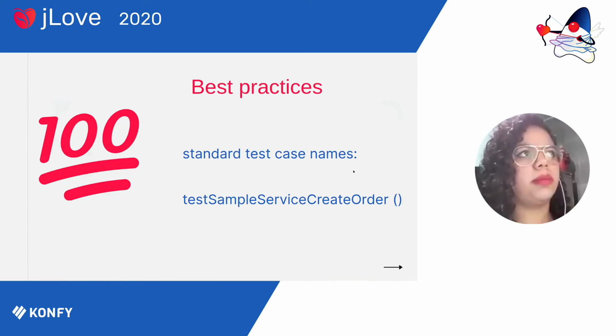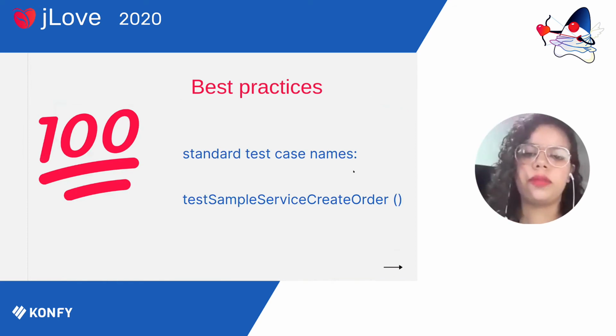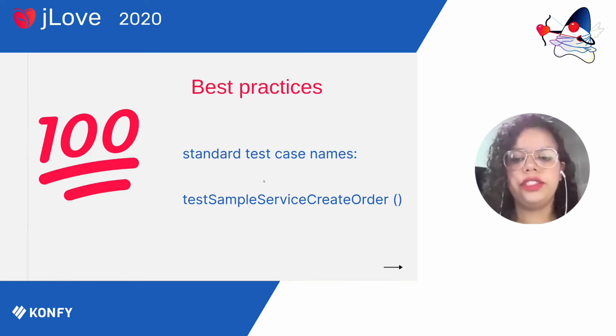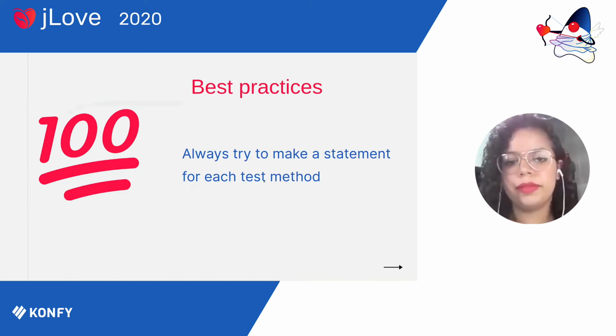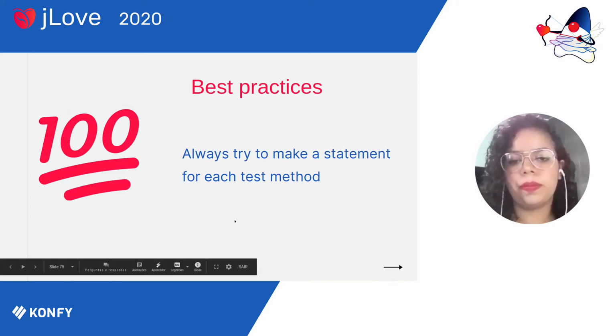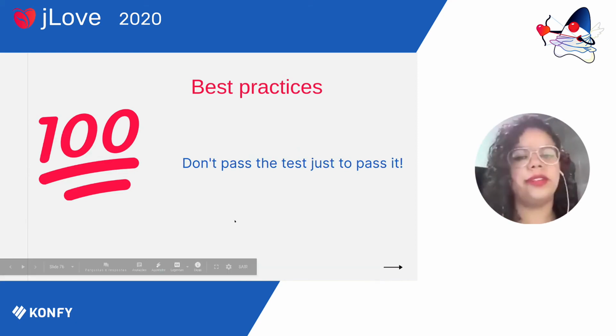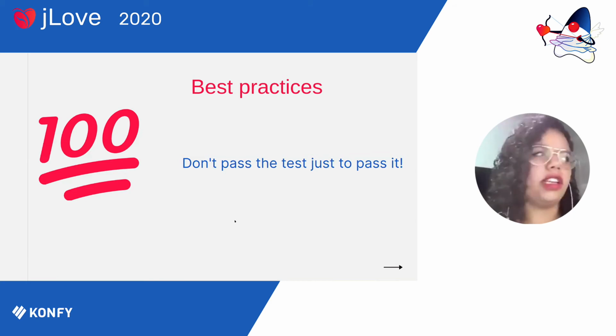And now some best practices for JUnit or other test frameworks. Standardize test case names, for example, testSampleServiceSecurityOrder. Always try to make one assertion for each test method. Don't make a test pass just to pass it, for example, assertTrue(true).